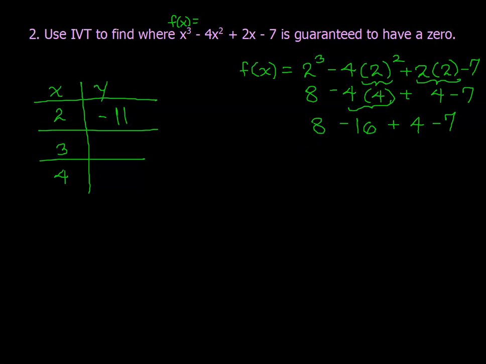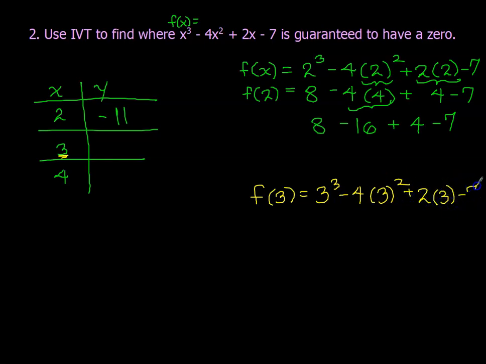And then from here, I'm going to plug in the next x value, which is 3. So technically this should say f of 2 equals all of that, and then f of 3. So I'm going to replace all the x's with 3. So this will be 3 to the third power minus 4 times 3 squared plus 2 times 3 minus 7.